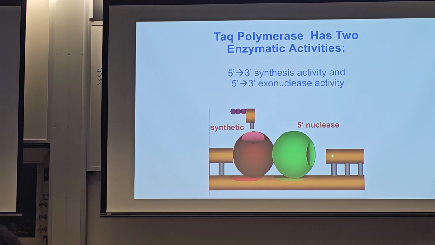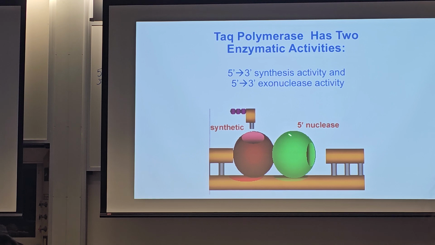Over on this end, this is our probe, and the probe is going to get degraded by this 5' nuclease. The 5' nuclease is the front of the enzyme. The synthesis part of the enzyme is the backside of the enzyme here. So while this is adding DNA to the 3' end, this part of the enzyme can be degrading DNA in front of it.